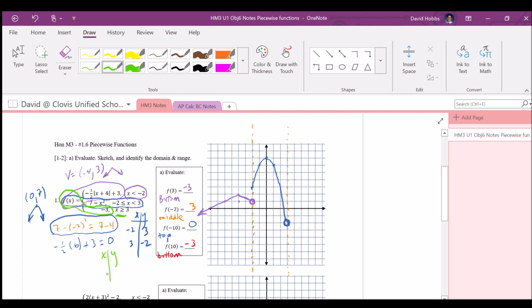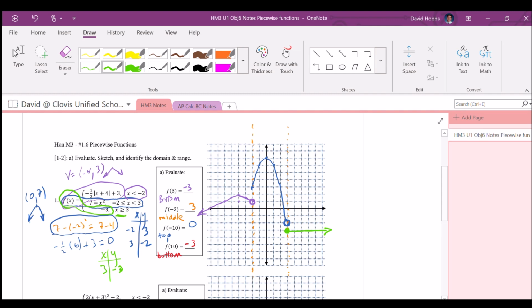So boundary points, if I input a 3, do I get to touch? Yes, I get to touch, and then it's just a horizontal line staying at that elevation. So there's the graph of the function.